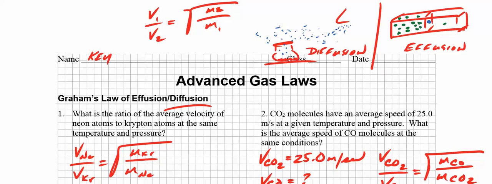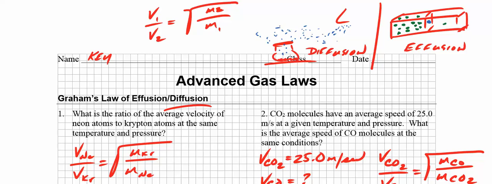So Graham had something to say about the relationship between the velocity of different types of particles or sizes of particles. And here's what he said. If you have two different gases, we'll call them gas 1 and gas 2 for lack of a better term for right now, that have two different velocities, V1 and V2, we can compare those two velocities.